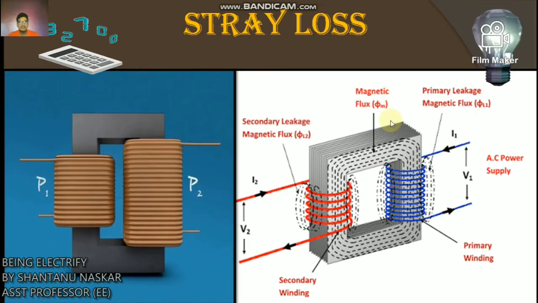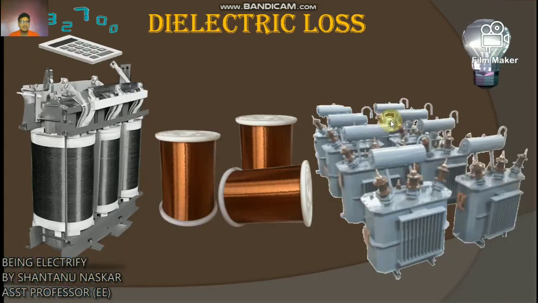Next we will discuss the dielectric losses. Dielectric loss occurs in the insulating material of the transformer, that is in the oil of the transformer or in the solid insulation.